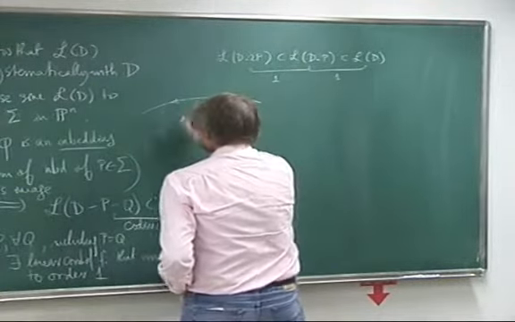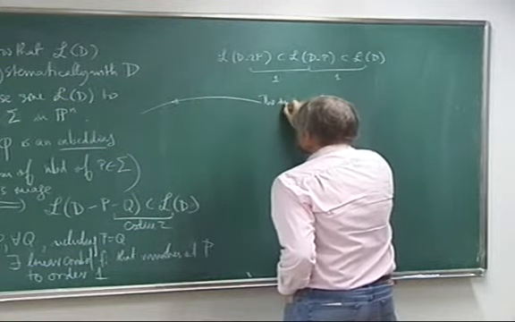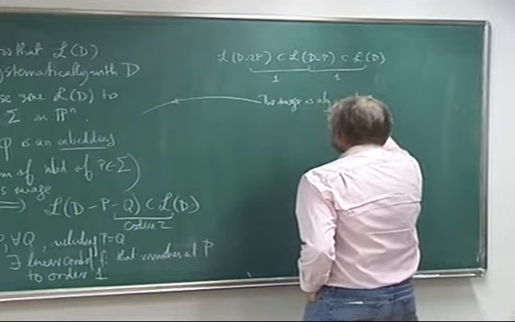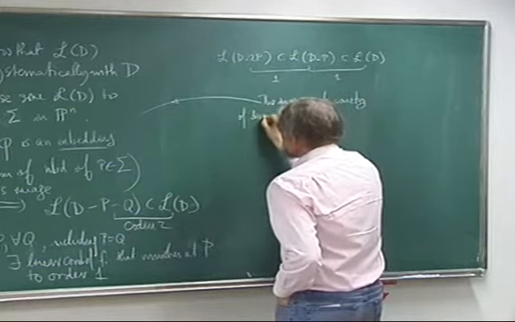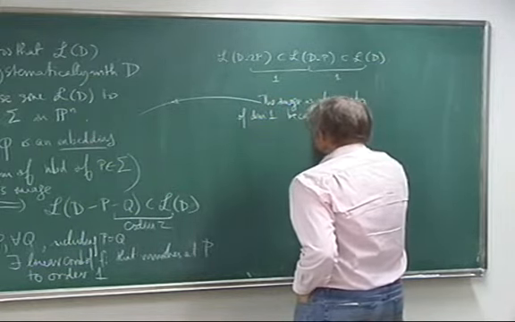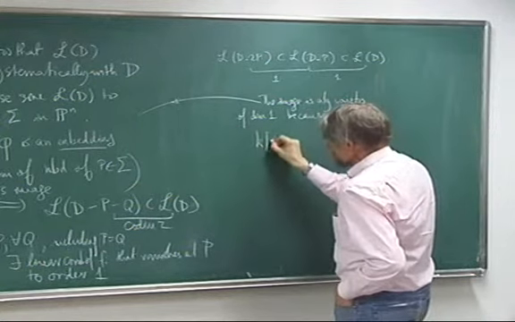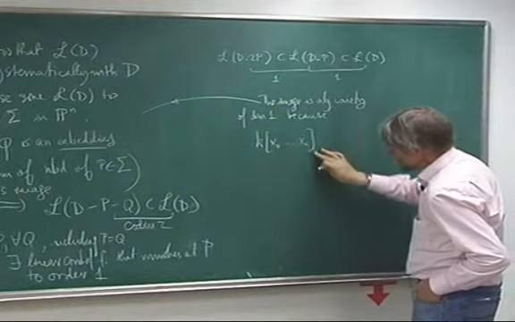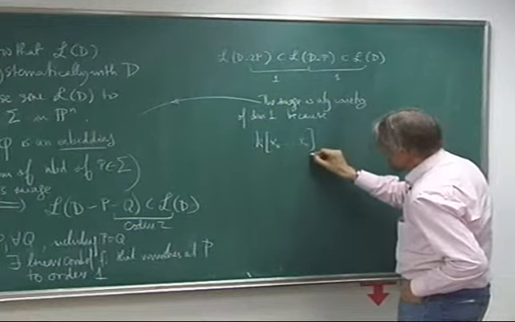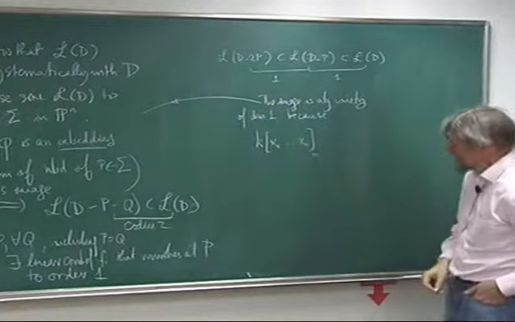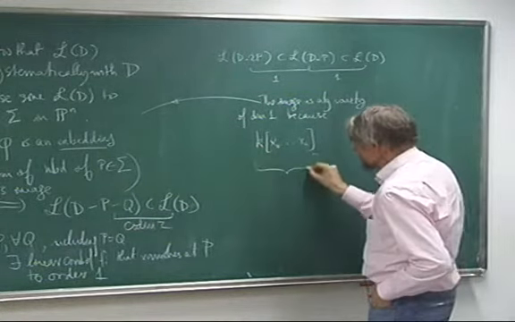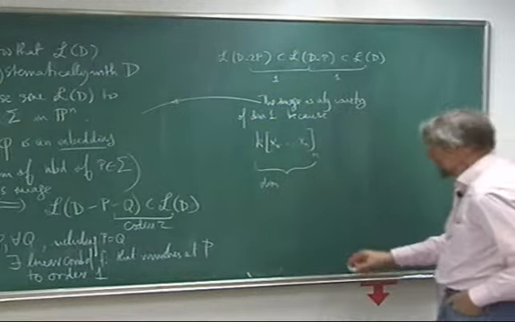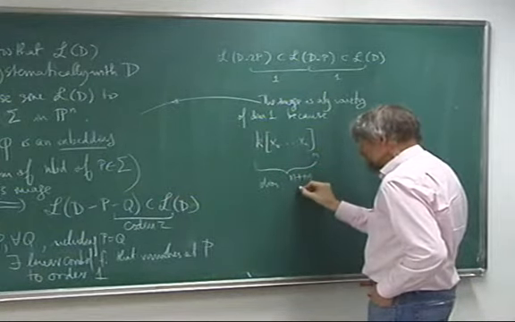So let me just say this: the image is an algebraic variety of dimension 1 because, if I take the polynomial ring x0 up to xn, and I take the polynomials of degree m, then this is a vector space of dimension n plus m choose n.